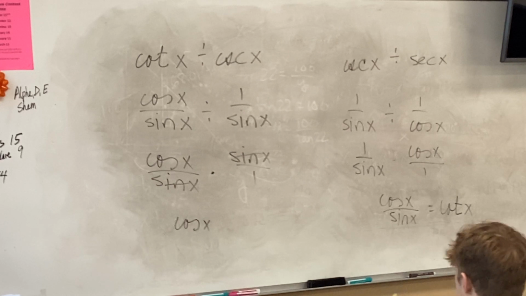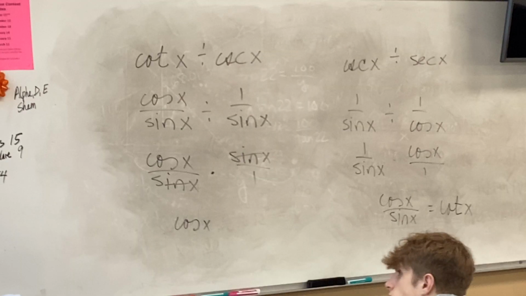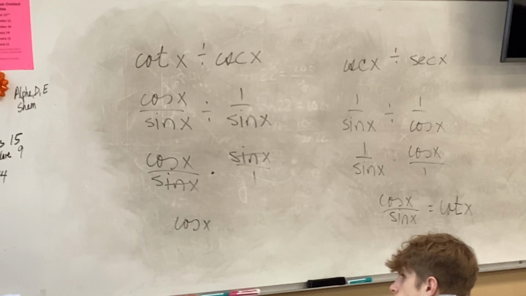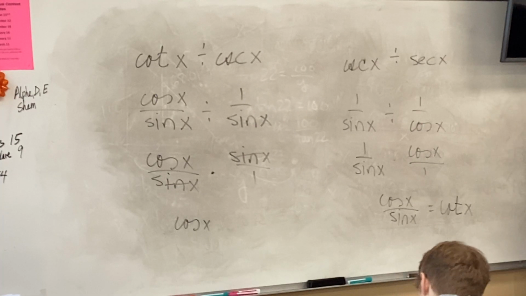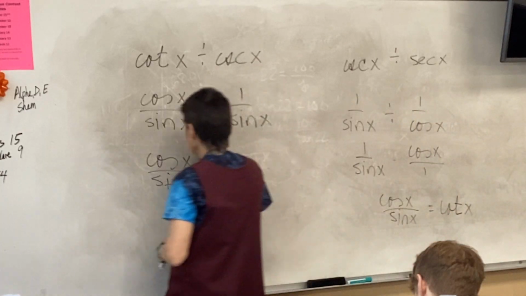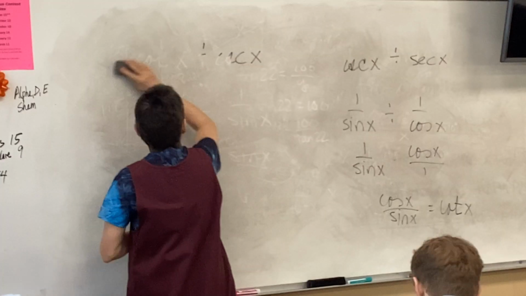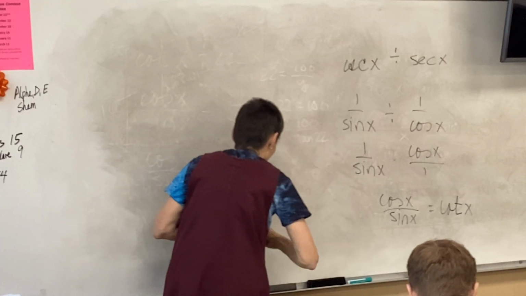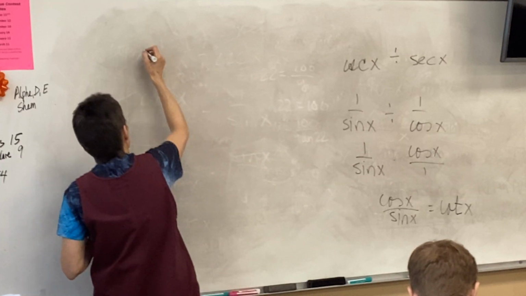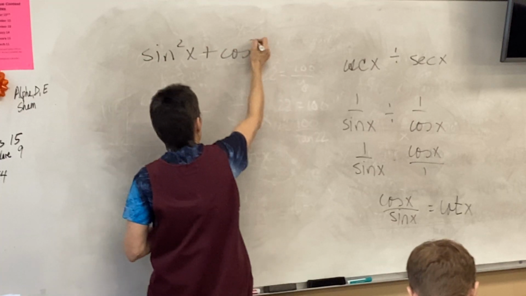I know we talked about this a little bit the other day in terms of secant squared and tangent squared. But on your little reference sheet, the big main identity says sine squared plus cosine squared is 1, right?